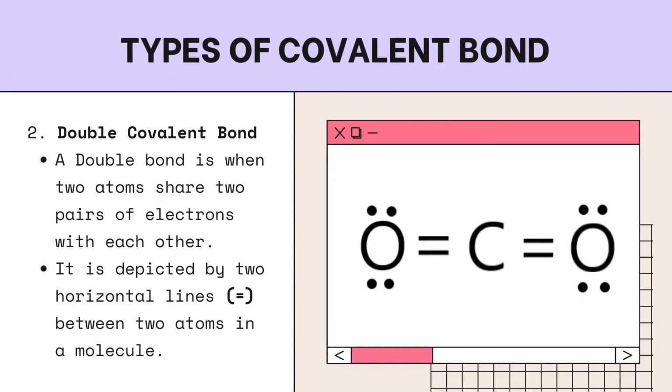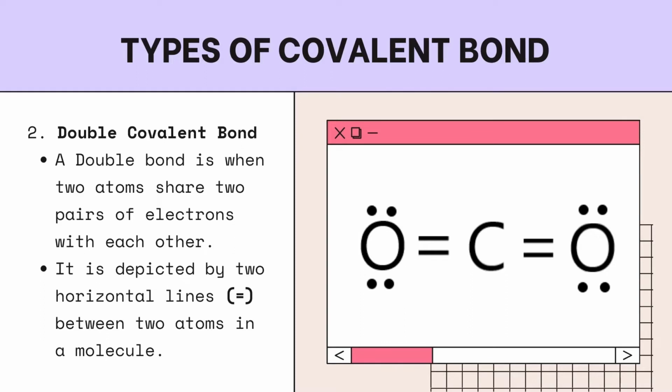Another example, we have here a Lewis dot structure of carbon dioxide demonstrating a double bond. Carbon dioxide has a total of 1 carbon atom and 2 oxygen atoms. Each oxygen atom has 6 valence electrons, whereas the carbon atom only has 4 valence electrons.